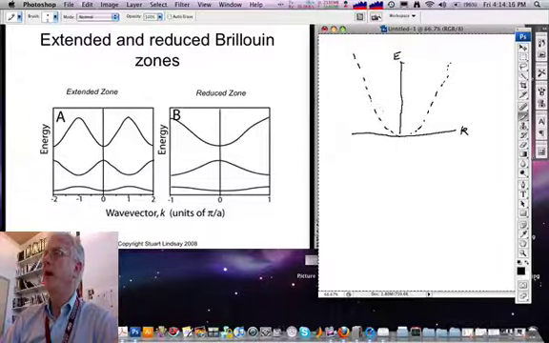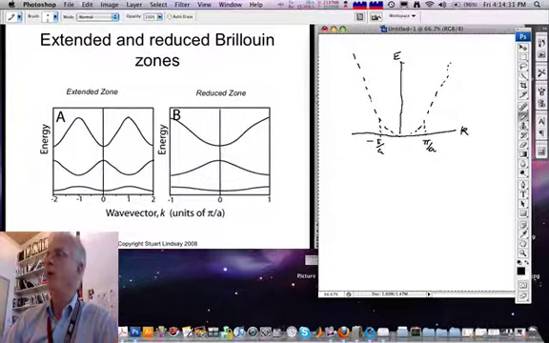Now, if you imagine that we go to the Brillouin zone here, since we know the properties are periodic, every time you go through 2π/a, i.e. between −π/a and π/a, and that we reflect the wave when we reach the Brillouin zone, then this region here that lies outside the first Brillouin zone can be just as well represented by moving it over here.